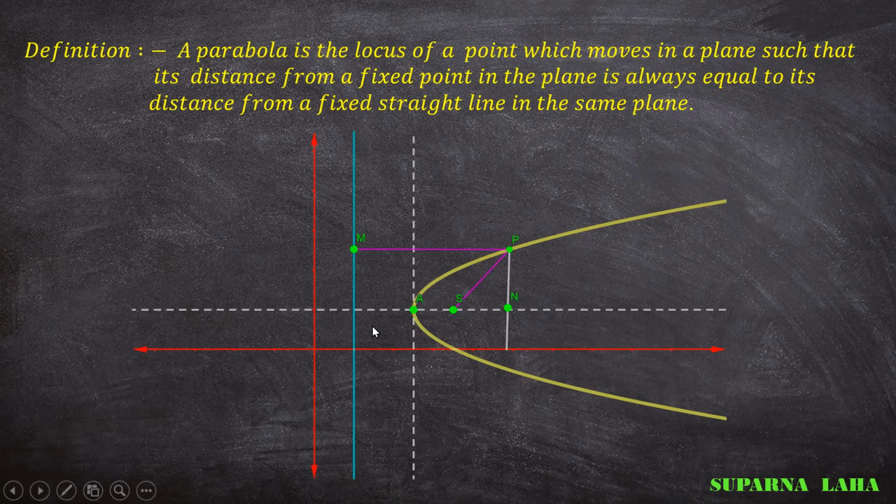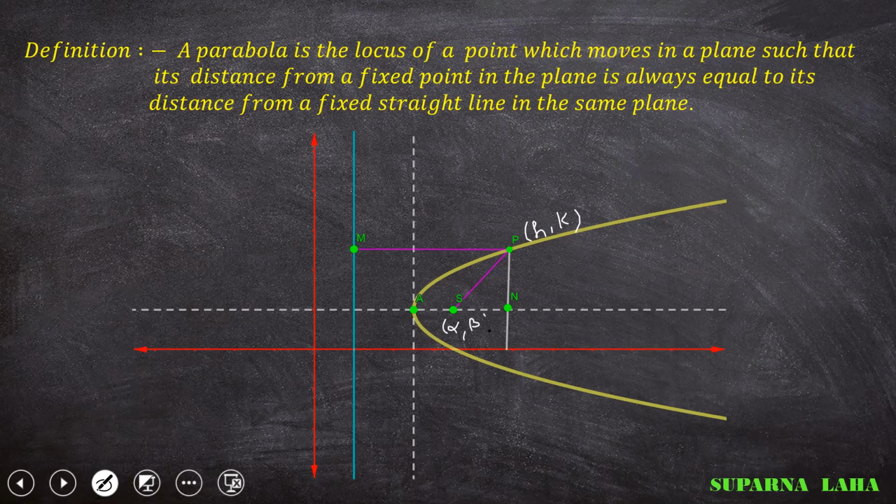Now we need to establish its general equation. For that, let us take the point P as h comma k, and the fixed point as alpha comma beta. Here I am taking the fixed point as alpha comma beta, and the point P, any arbitrary point on the parabola, as h comma k, and the equation of the fixed line is x equals p.